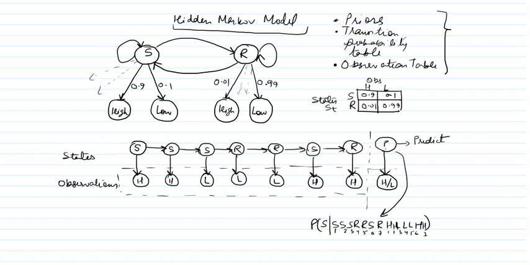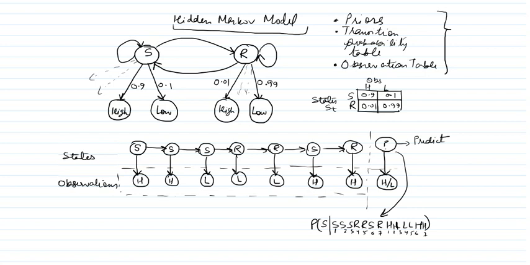So this is the hidden Markov model, and we may now like to predict some series of observations also, right? What is the next observation? Or we may like to calculate, given some current observation, what would have been the previous few sequences, right?